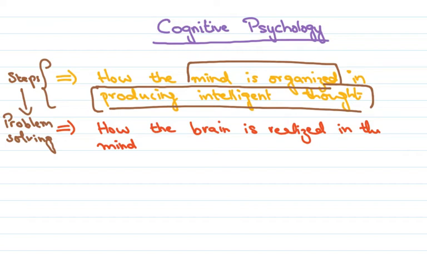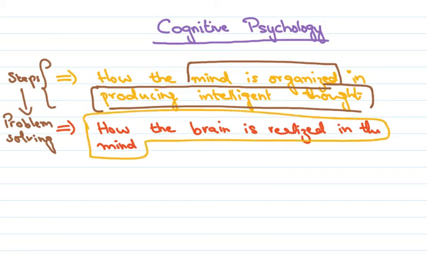The second bit is how the brain is realized in the mind. And this is something that's very, very interesting. When we say how the brain, which is the physical structure that we have, is realized in the mind, this is a newer addition to cognitive psychology, because here we're really looking at cognitive neuroscience.